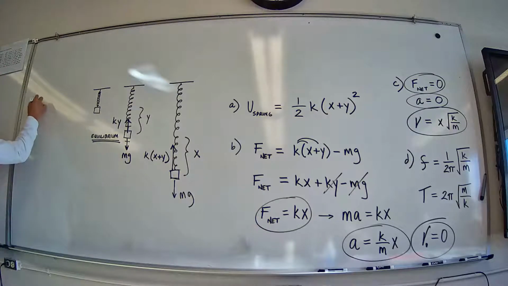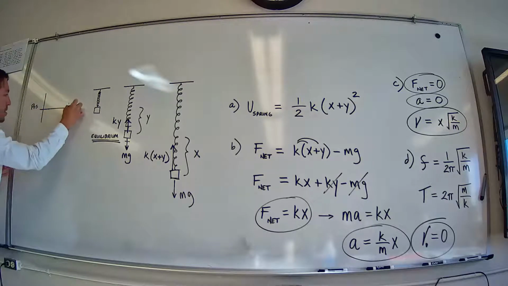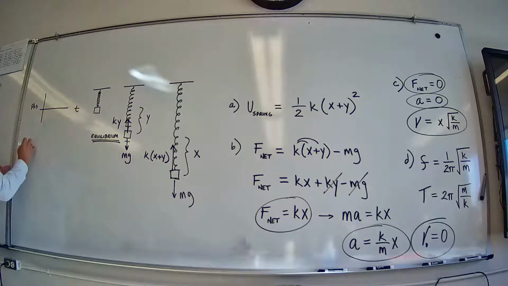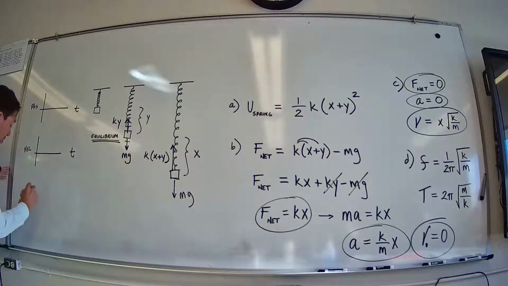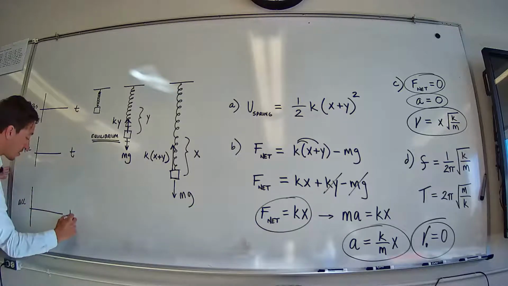Anyway, let's go. Position is a y value now, so we'll just call this position. Position versus time, we're going to have velocity versus time, and we're going to have acceleration versus time.